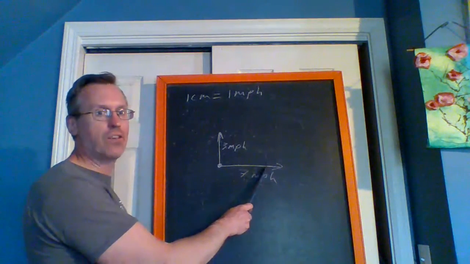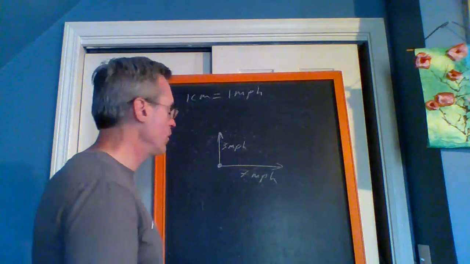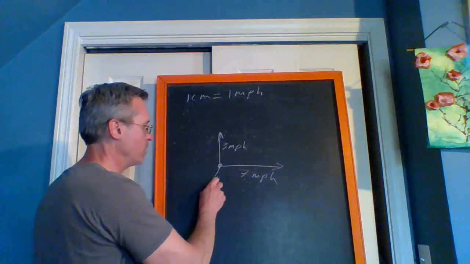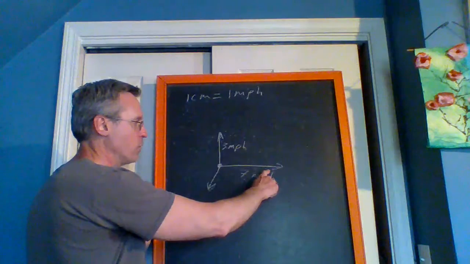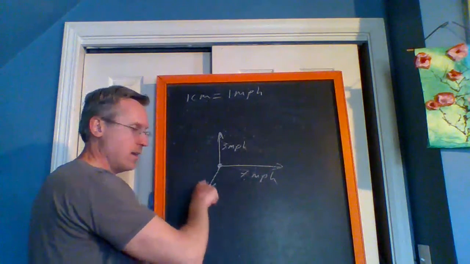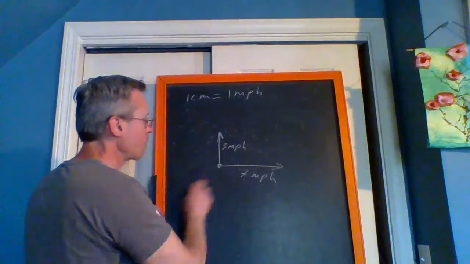Then I'm going to add the 7 to it. That's going to make more sense, especially if there were more speeds involved, like maybe wind pushing it like that. Then I would add this one, then draw this one, and then draw this one. Clockwise.